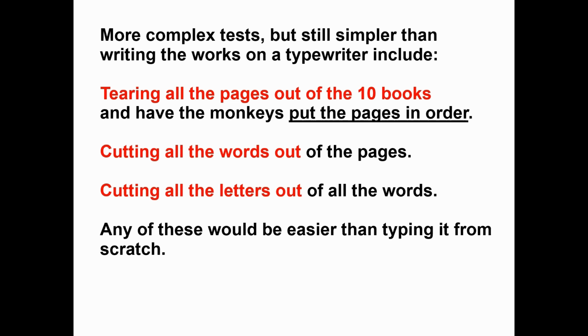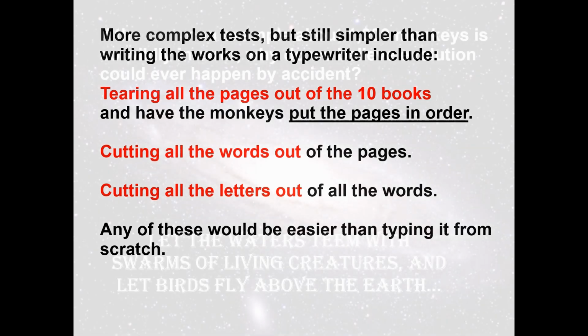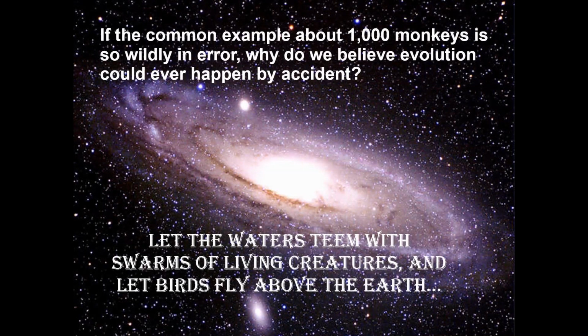Or you could cut all the letters out of all the words and then have them put together the works of Shakespeare from scratch with the actual proper number of letters to complete the task. All of these approaches are simpler than totally random typing. So if this common example about 1,000 monkeys is so wildly in error, why do we use it to justify that evolution could happen by accident?